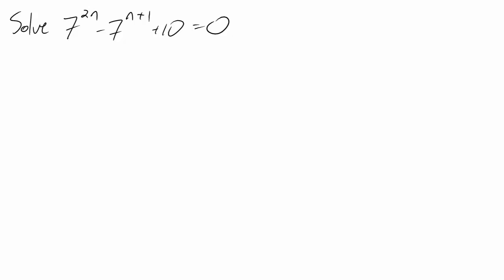Here we're asked to solve the equation 7 raised to the 2n power minus 7 raised to the n plus 1 power plus 10 to equal 0. Alright, so this one is pretty ugly as far as solving an exponential equation goes.